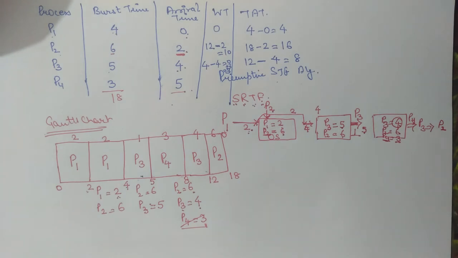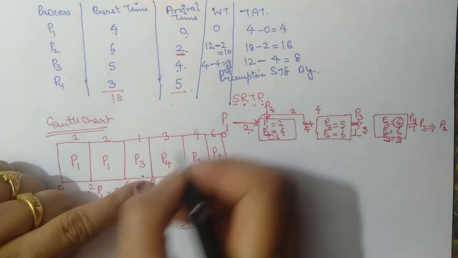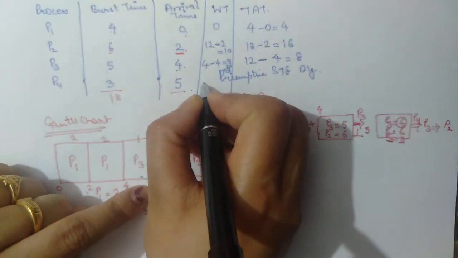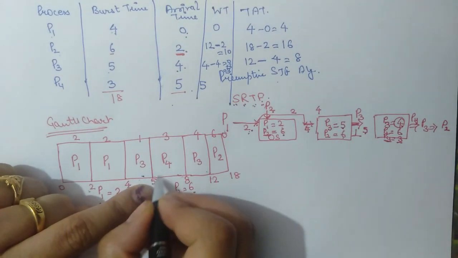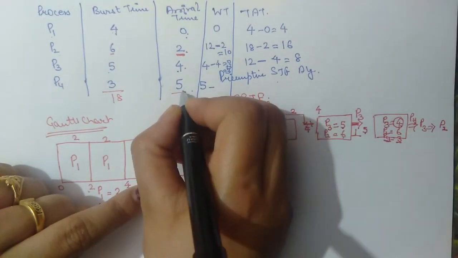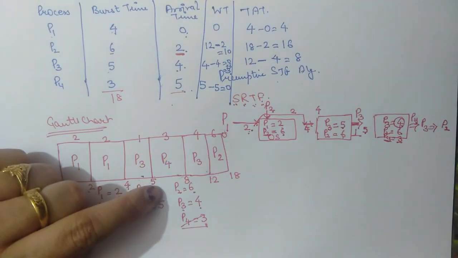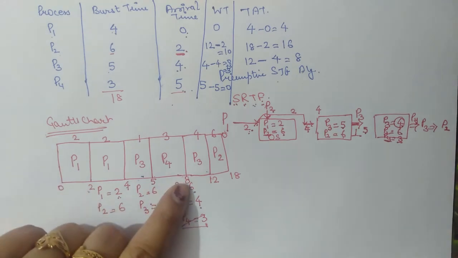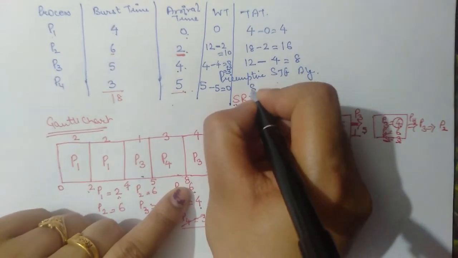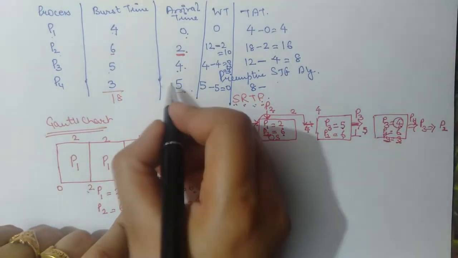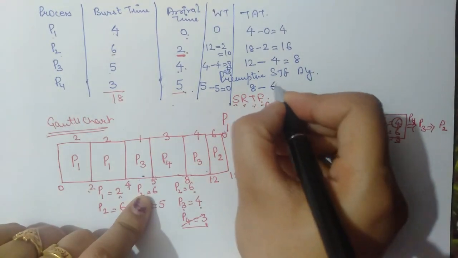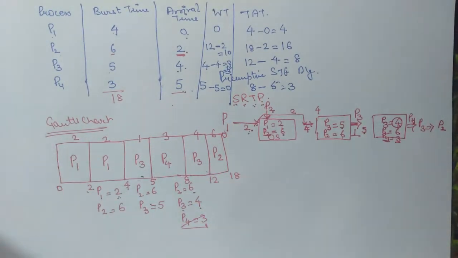Now see process 4. Process 4's waiting time: it starts its execution at 5 and its arrival time is also 5. 5 minus 5 is 0. 0 is the waiting time of process number 4. Now see the right corner, 8. 8 minus its arrival time, 8 minus 5, so 3 is its turnaround time.